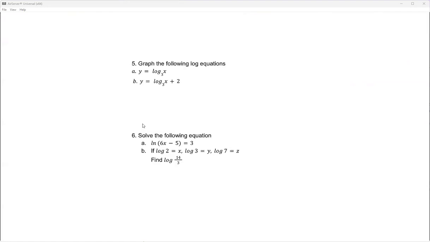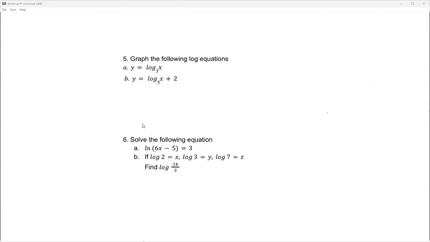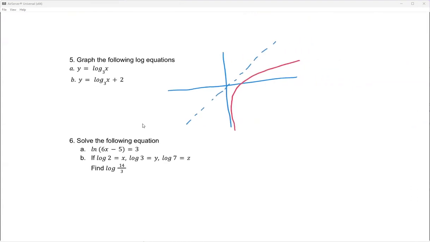Graph the following. I think we went over this the other day, but it should look something like this, where you have a y equals x line, and it's going to look something like this. That's the original. You probably should put a table together. We went over that yesterday.